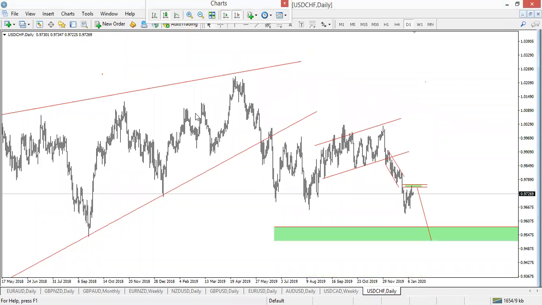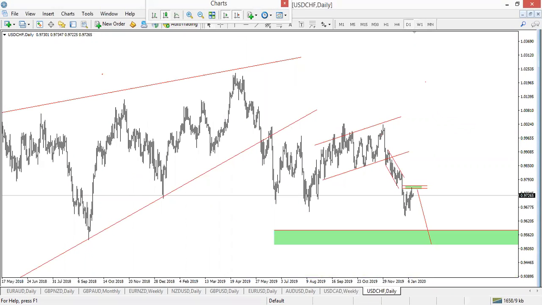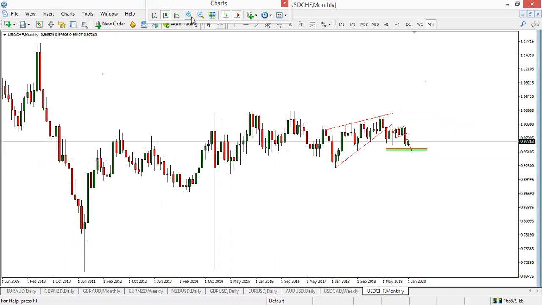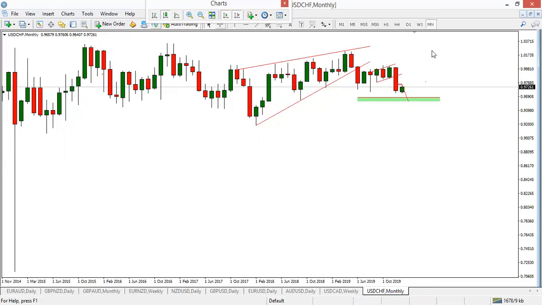USD CHF, we had a very good time with USD CHF last year. Here it is again. On the bigger time frame, you can see this pattern here. What it's called, I will leave you to determine. So there's a breakout of this pattern.